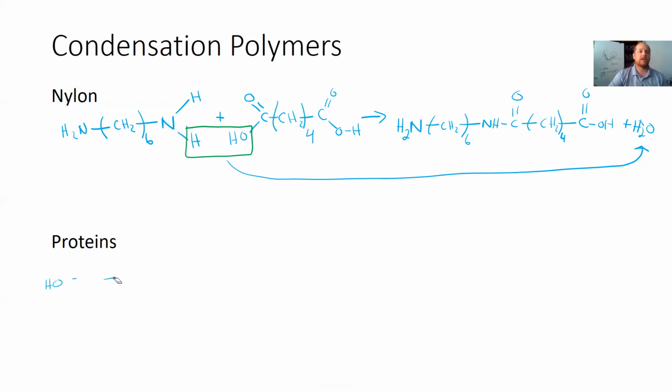There's a little bit more space here. So with our amino acids, an amino acid is going to have a functional group here. We'll talk a little bit more about those in a little bit.